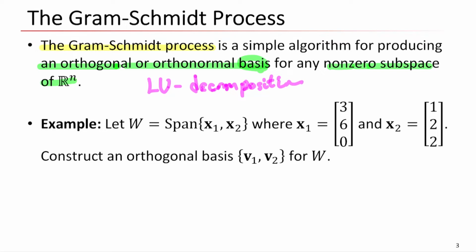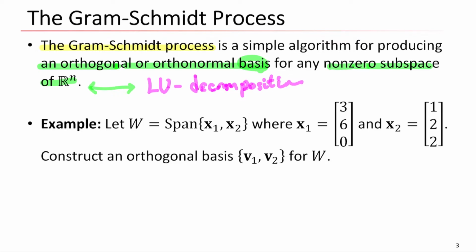By using the Gram-Schmidt process, we can also decompose an arbitrary matrix A into two separate matrices. So after finishing this lecture, please go back to the LU decomposition and compare those two matrix factorization techniques, which will help you understand what it means.